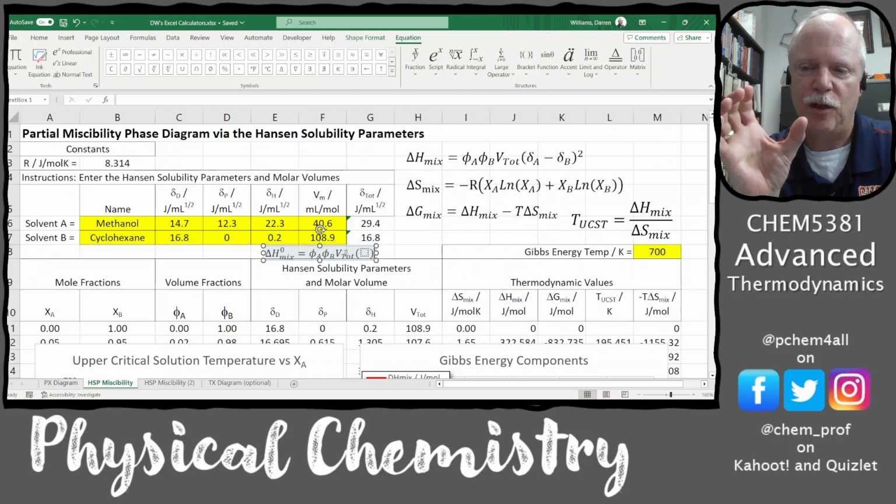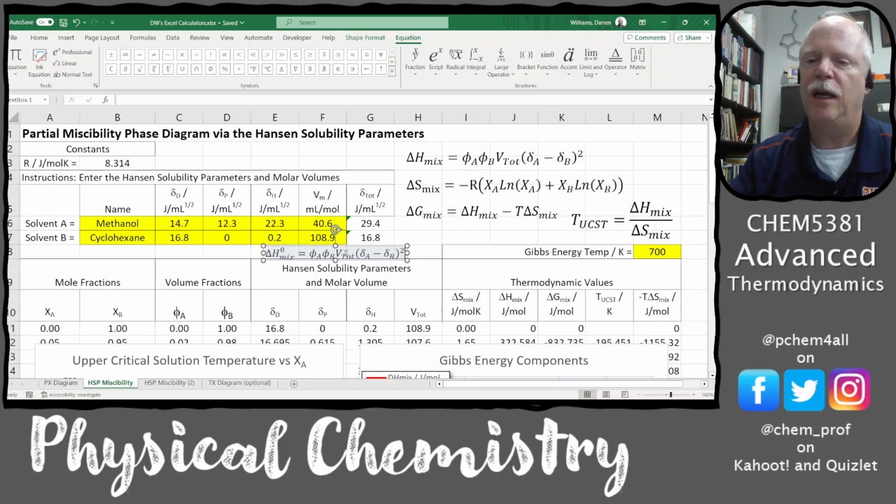When I hit space, it opens up with a little gray box that I can enter things in. Delta, so that's the lowercase delta, subscript a, minus, backslash, delta with the lowercase d, underscore b, gives me the subscript b. And I come outside the parenthesis, and then I do a caret 2, and there's my delta H of mixing equation. So this is a great way to add equations.